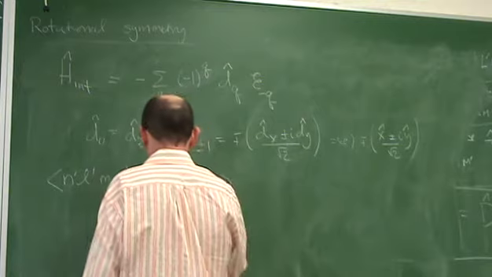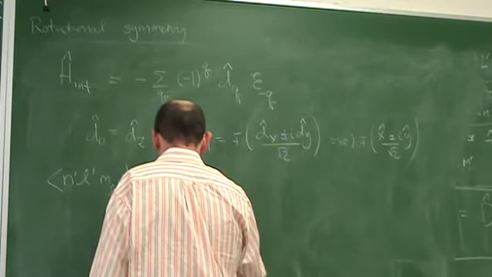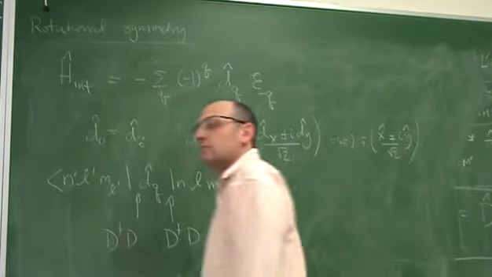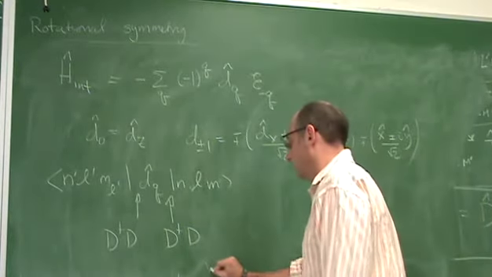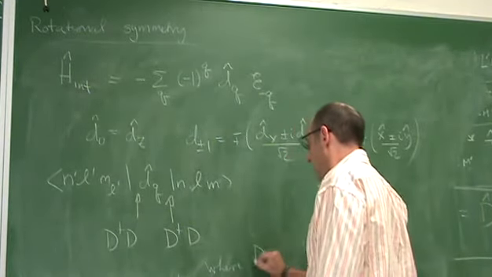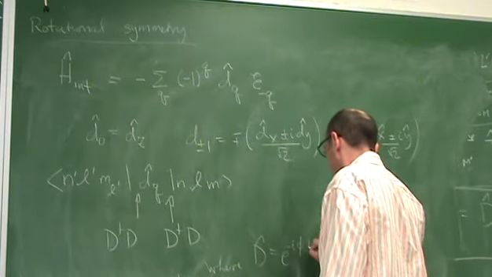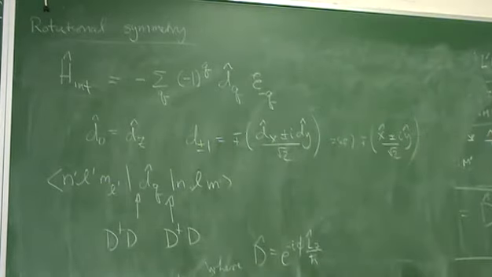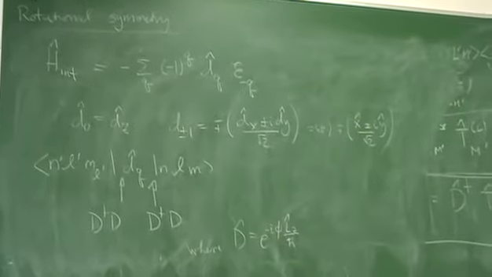But let's stick in here a D dagger D, where D is a rotation about the z-axis for this particular example by some angle phi. Okay, let's consider that.